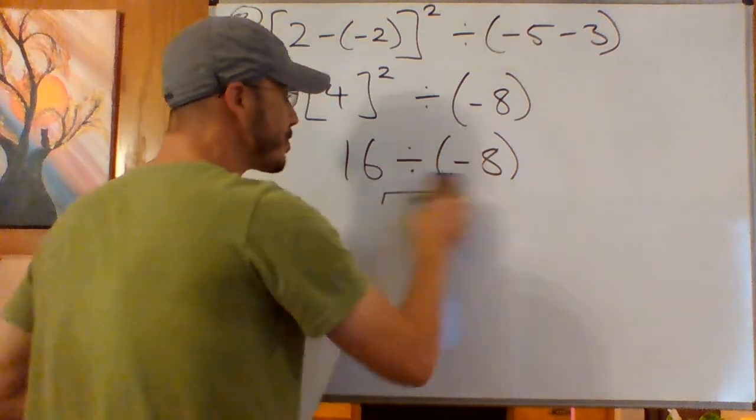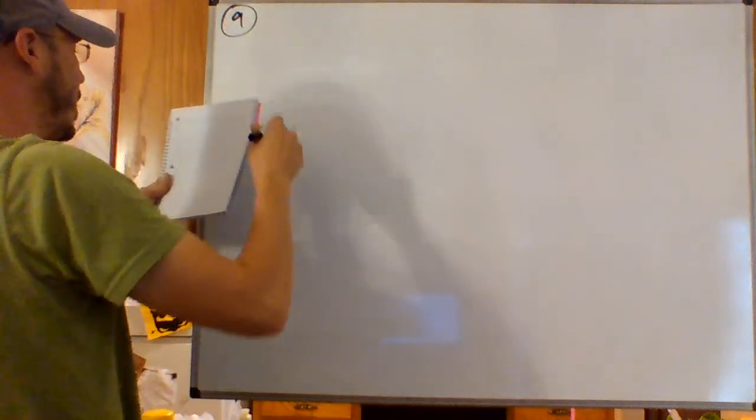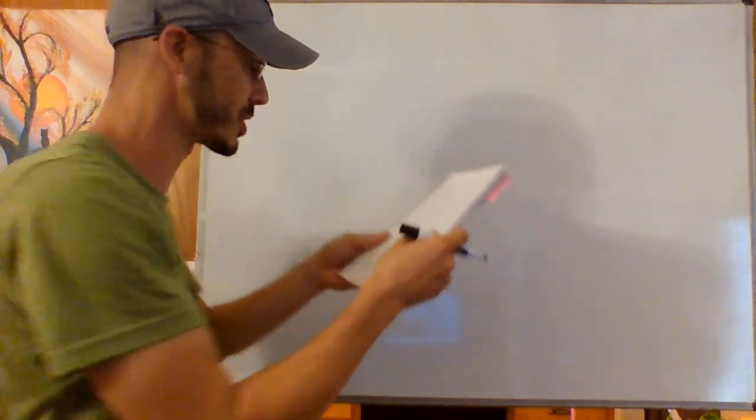The next problem, and I recommend doing this if you get a problem with fractions, a problem with fractions where you have to add or subtract them. That's the common denominator situation.